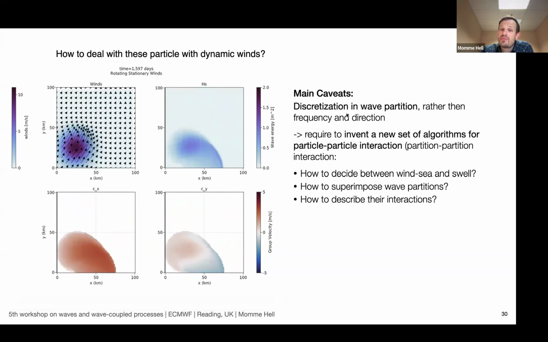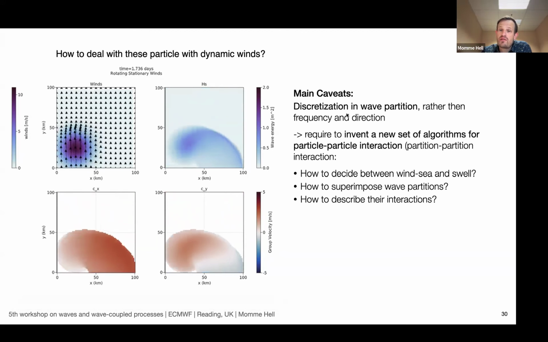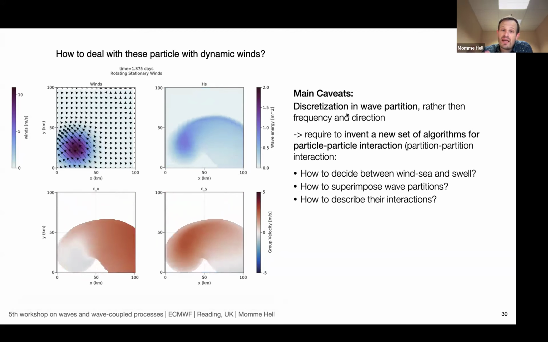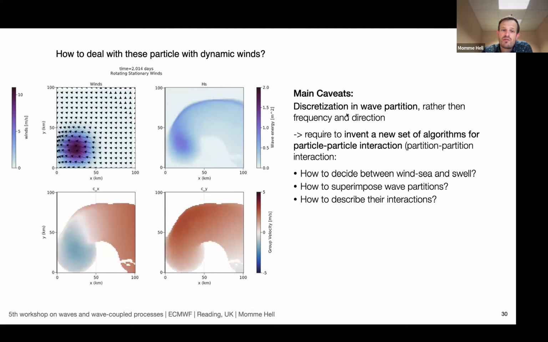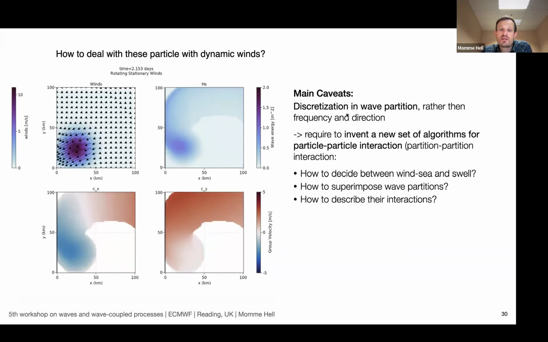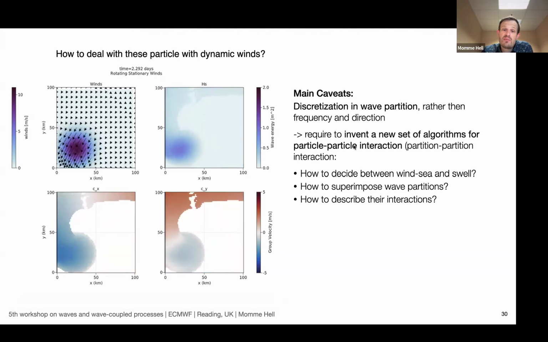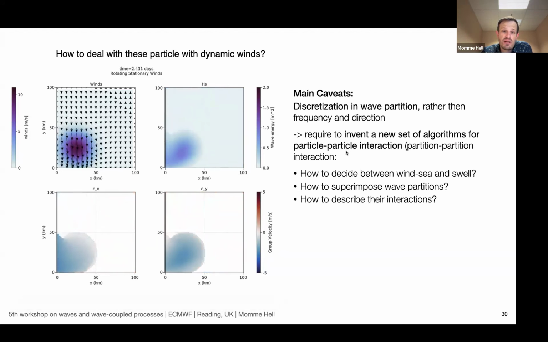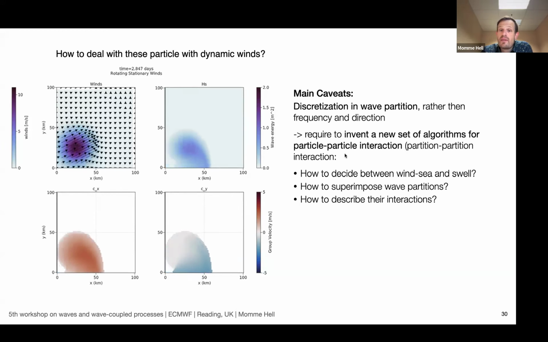And that is essentially that I'm discretizing in wave partitions rather than frequency and direction, right? I'm gaining some skill in some parts of the problem, and I'm losing some skill in the other one, right? So what I'm losing is this general idea of wave-wave interaction, or how these particles in this case interact. And I have to write algorithms for doing that.